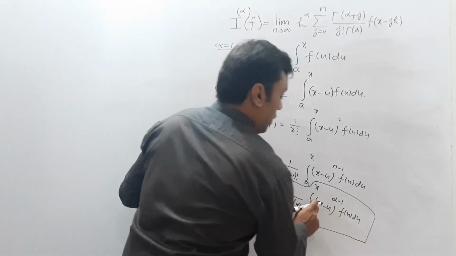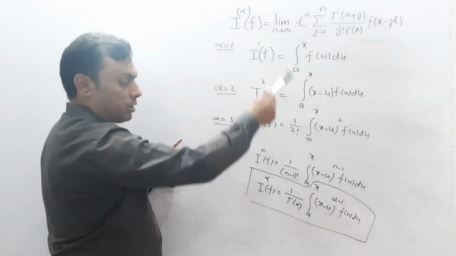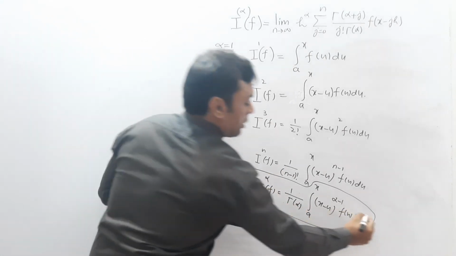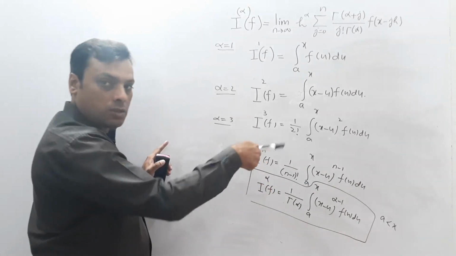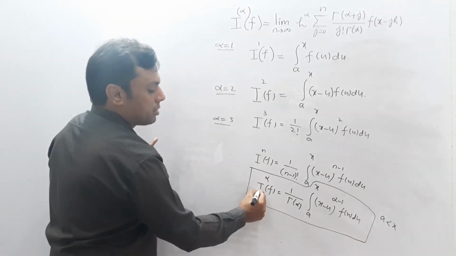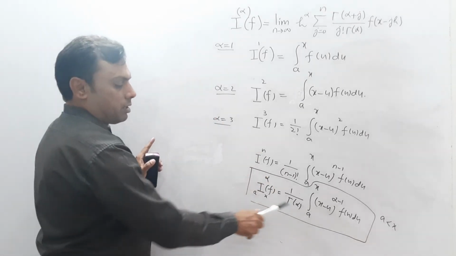Here we have a and x, and when we started this definition we saw that a was less than x, so here a is less than x. Because this depends on these limits, we also put these base points a and x here. These are the base points.